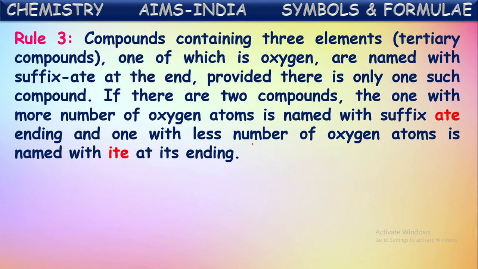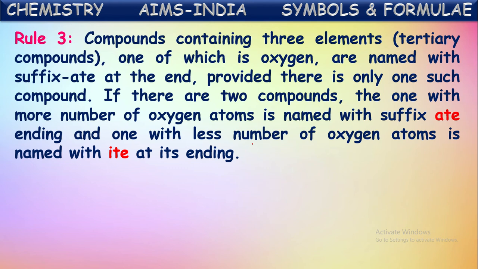Okay, provided there is only one such compound. If a compound contains three elements, and out of the three one is oxygen, then the name of the compound will end with -ate, if it is the only such compound.